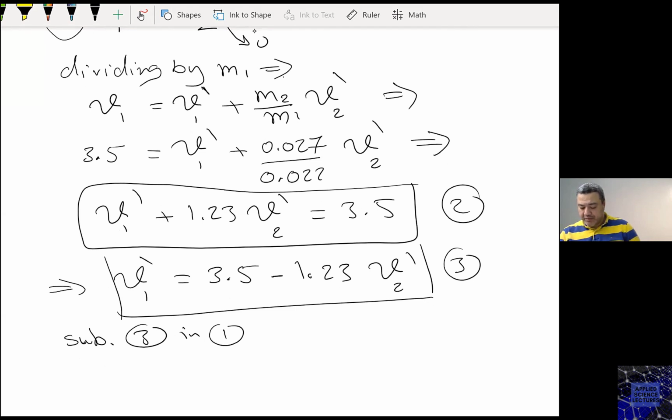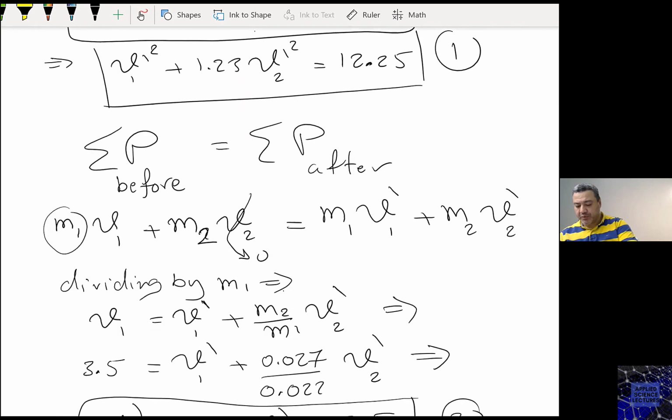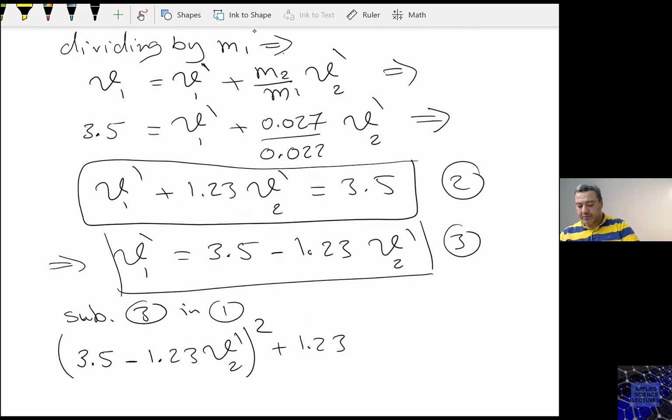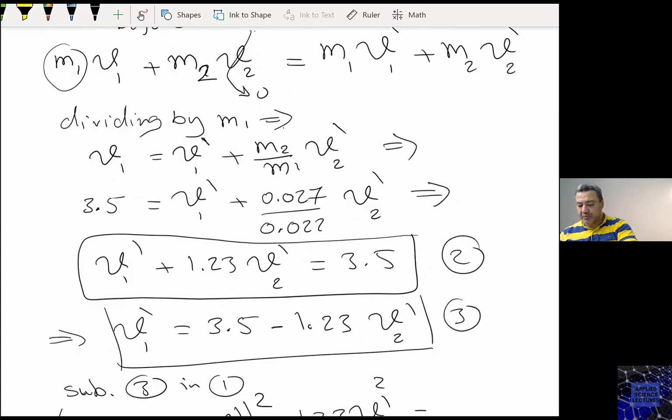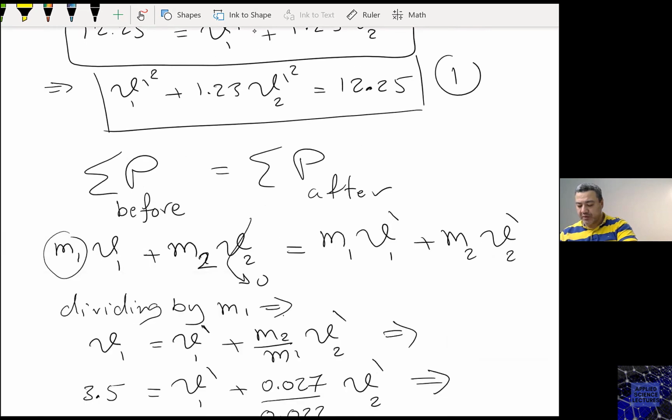I get 3.5 minus 1.23 V2 prime, squared, plus 1.23 V2 prime squared equals 12.25.